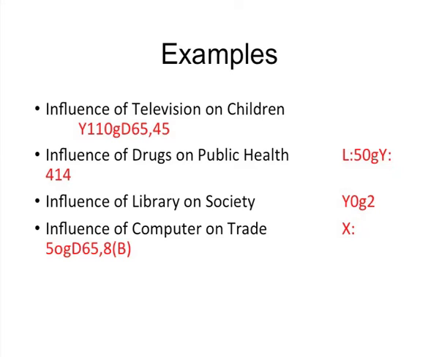Another example of such a relation is influence of television on children, and children is Y 11, 0 G is the influence, and the number for television is D 65 comma 45.